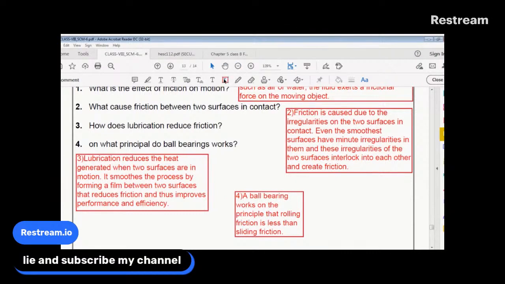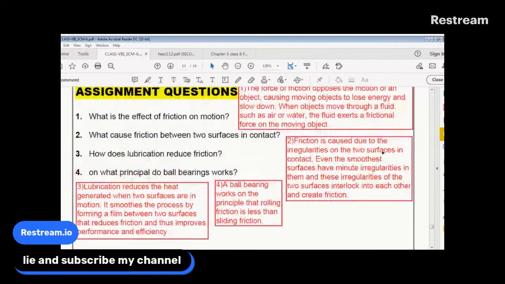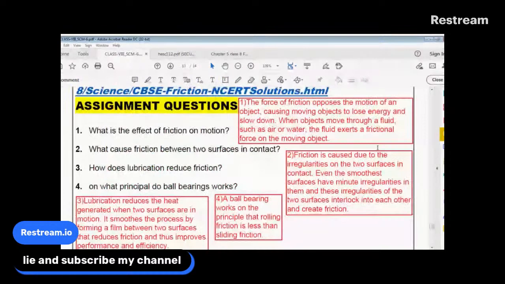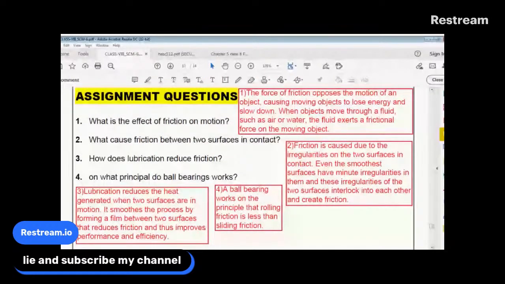I have your answers, so you can take a look at the answers here. Assignment questions. What is the effect of friction on motion?